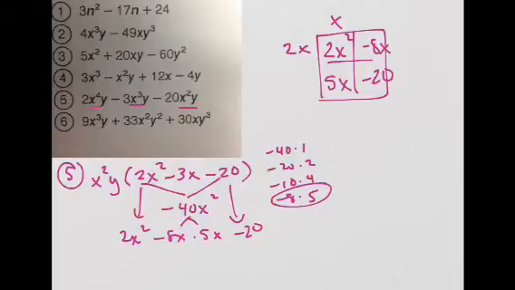Then something times 2x has to give you negative 8x, so that would be negative 4. And then something times x has to equal 5x, and that would be 5. And then you check, is 5 times negative 4 negative 20? The answer is yes. So then your factors are, don't forget to bring back the x squared y, so that's the first factor. And then 2x plus 5 times x minus 4.